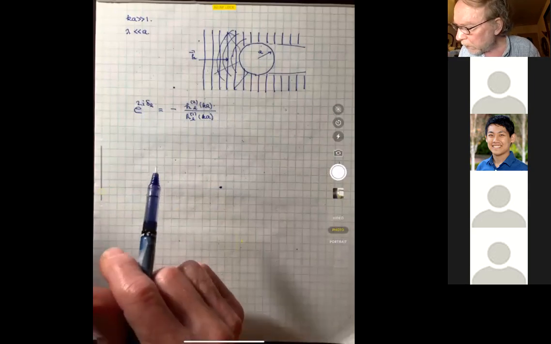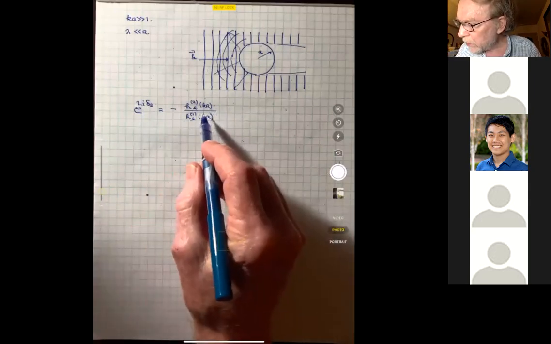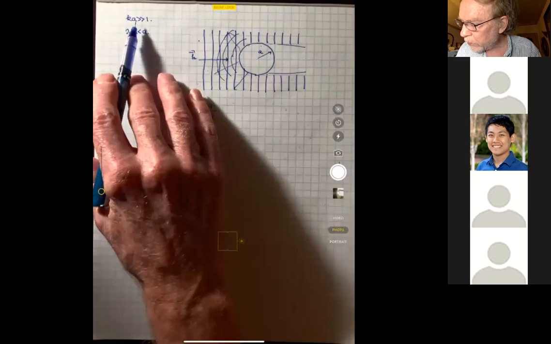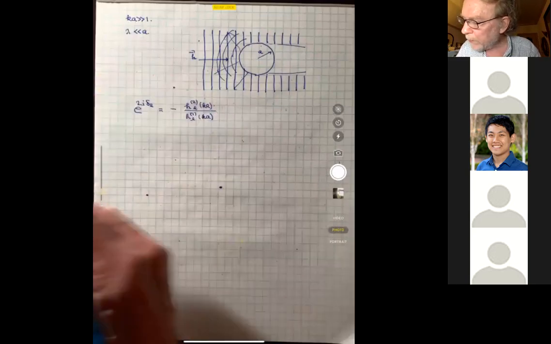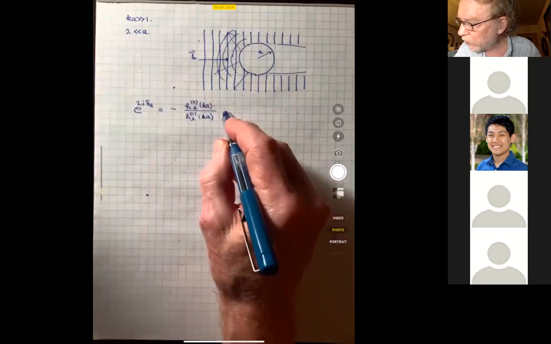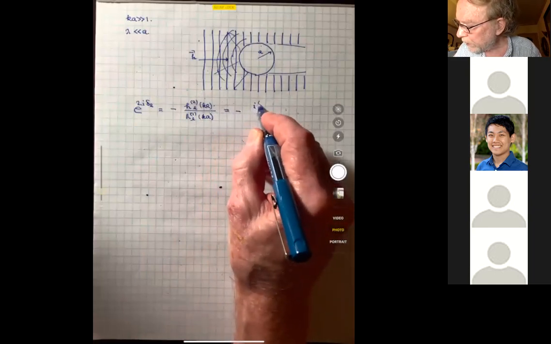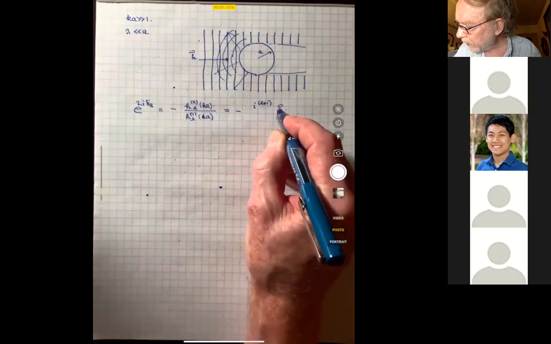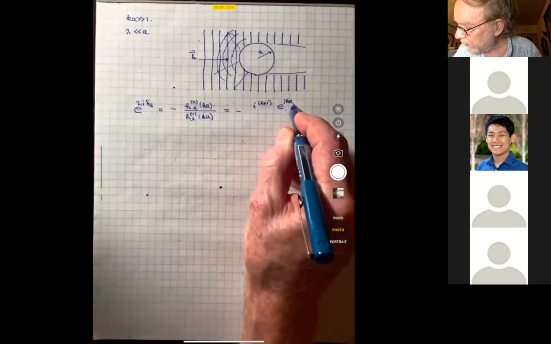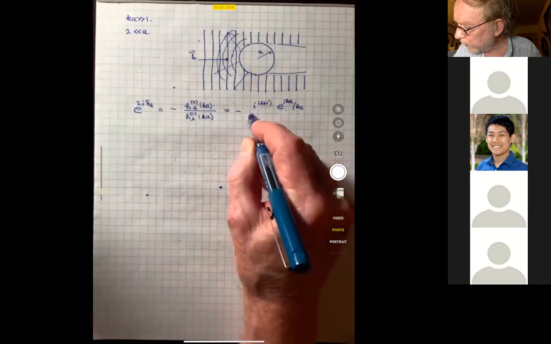All right. However, we want to evaluate this in the limit that Ka is large. So that's the same limit I had on that previous page I just showed you. So this turns into the minus sign, and in the numerator we have i to the L plus 1, and then we've got e to the minus iKa divided by Ka. That's the numerator.